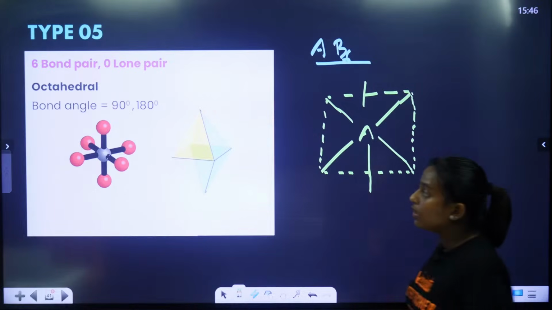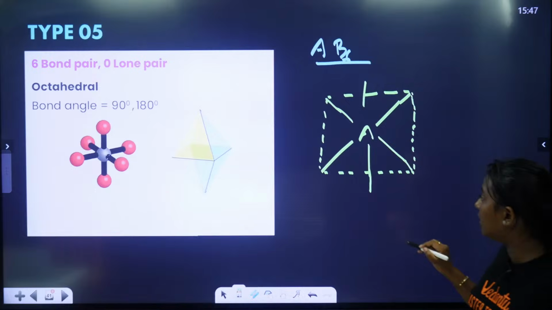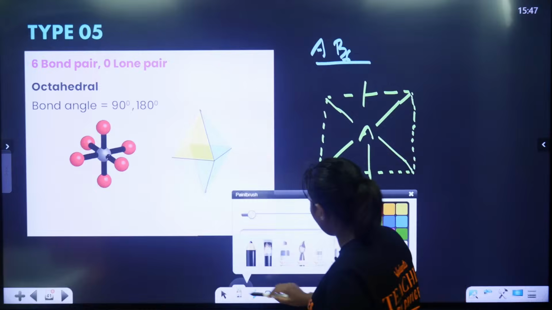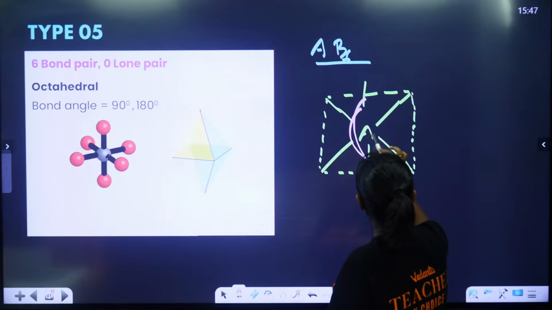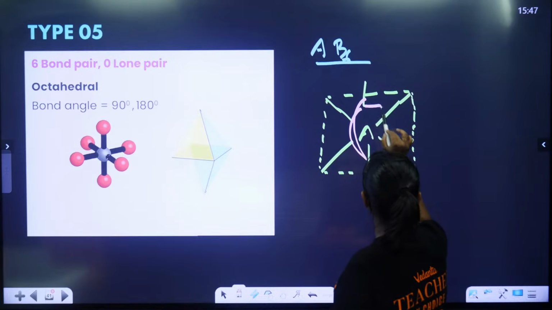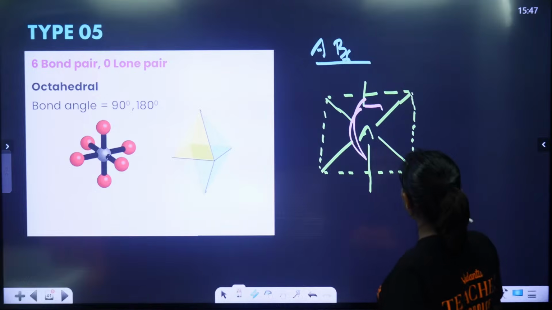Normally we will say it's octahedral. And for bond angle, you can see two different types of bond angles, 90 degree and 180 degree.